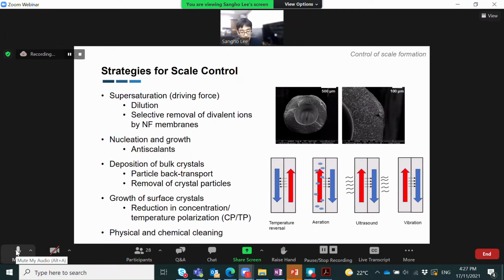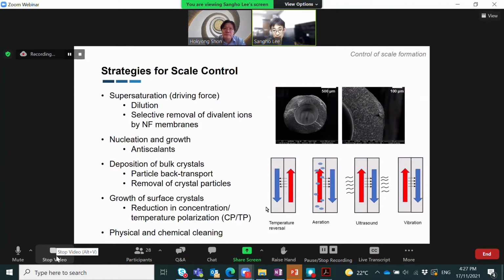And as for the surface crystal, we can also alter the hydrodynamic condition to control concentration polarization or temperature polarization. And for cleaning, we have several options for cleaning the membranes. So in each case, since I used too much time, I'll briefly mention some of the results.